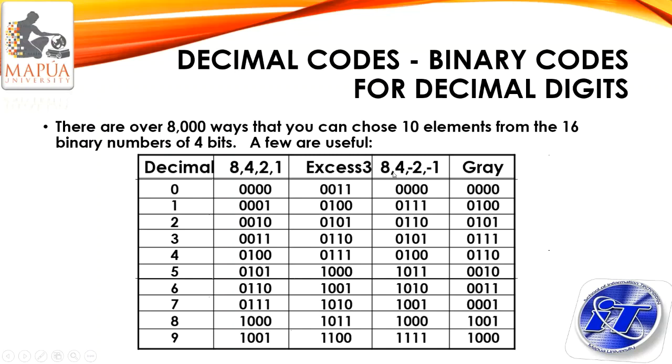And for 8 4 -2 -1, to get 5, we need to add 8, -2, and -1. So we have 1011.